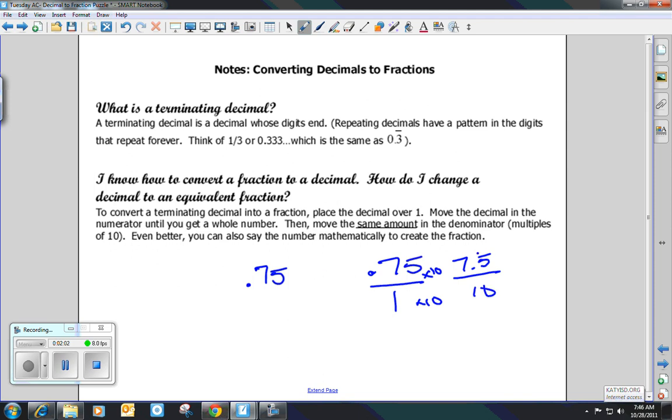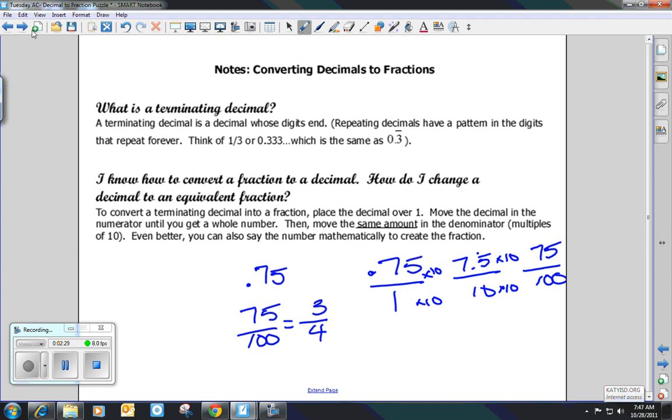Well, I'm closer to having a whole number on the top now, so I'm going to multiply by 10 again. I'm going to have 75 on top and 100 on the bottom. So I'd have 75 out of 100. And when I divide by 25, that simplifies to 3/4. So that's how 3/4 comes from the decimal 0.75 or 75 hundredths.